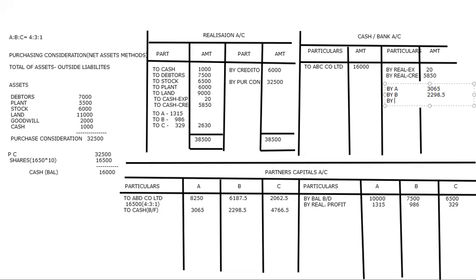And then by C, his amount is 4766.5. Now this you are going to balance it and you are going to see that it should be 16,000 on both the sides.